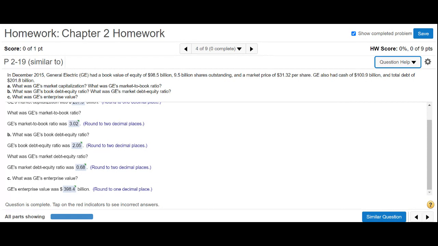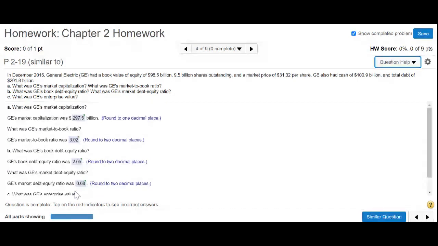The debt to equity can't be 5 or 7. And the market debt to equity ratio can't be like 100. And the enterprise value can't be the same as the market value. Impossible.